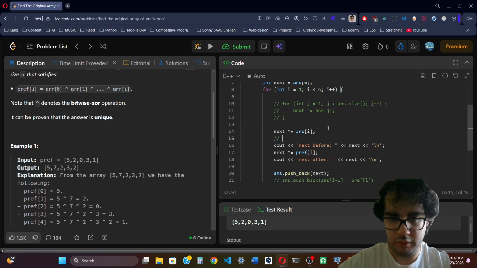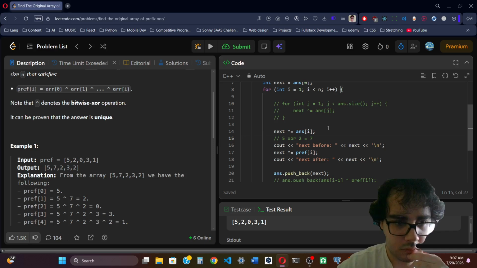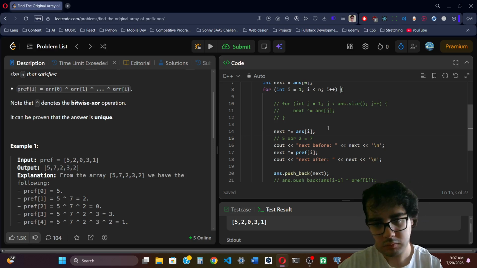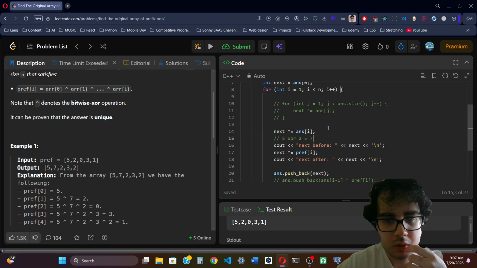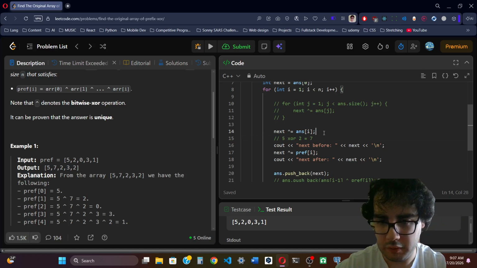So actually, man, 5 XOR 2 is 7. So 7 XOR 2. How about 2 XOR 5 or something like that?